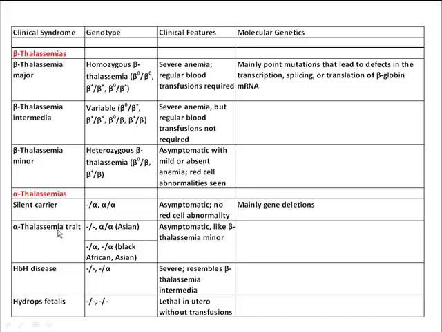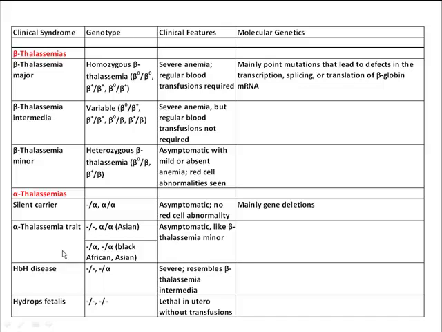So with alpha thalassemia trait, most Asians are going to have this type of genotype where two of the alleles will be deleted. They can be asymptomatic, just like beta thalassemia minor. In some Asians and in black Africans, they usually have this genotype here. Again, they're going to be asymptomatic.